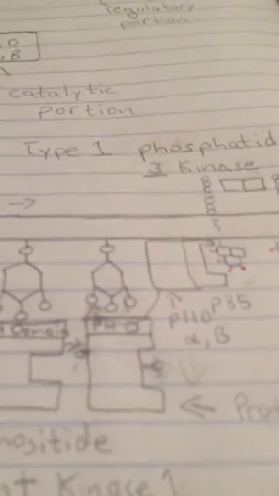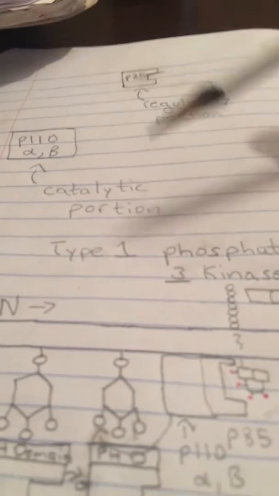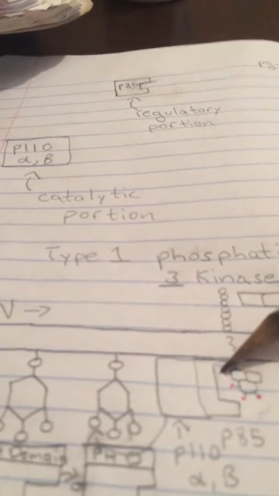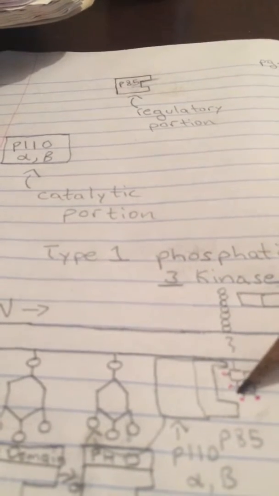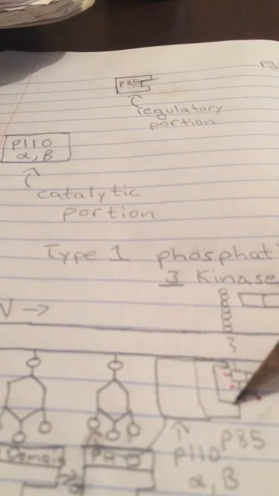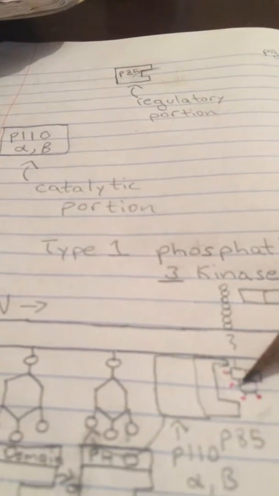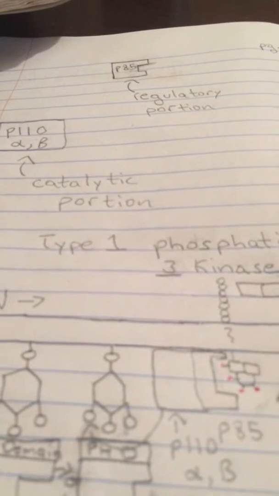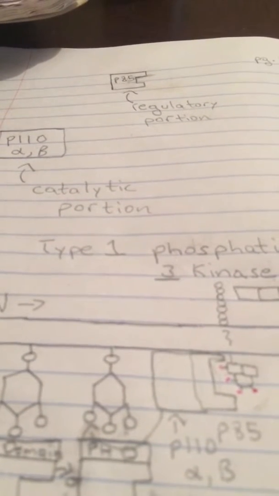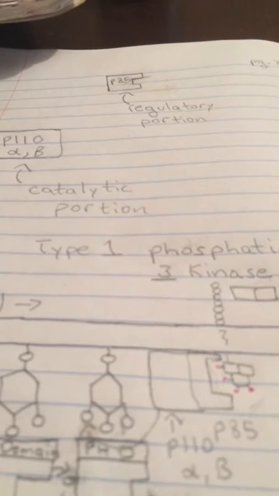And number two, the P85 regulatory portion contains the SH2 homology domains, which are the domains that bind to phosphotyrosine residues. So it'll only get activated at certain sites. So it'll regulate the cell cycle in that fashion.